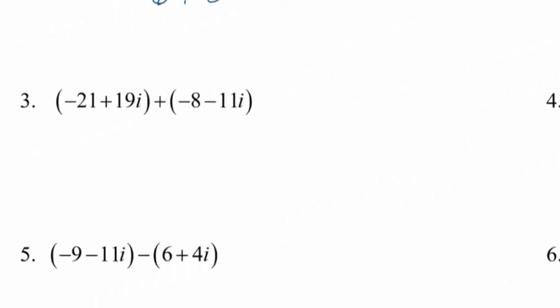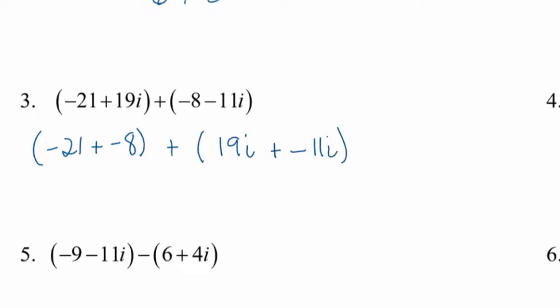Let's go to number 3. In number 3, you're adding together two complex numbers that are already in standard form. So just as you might guess, we're going to add together the real parts, which are -21 and -8. And then we're going to add together the imaginary parts, 19i added to -11i.